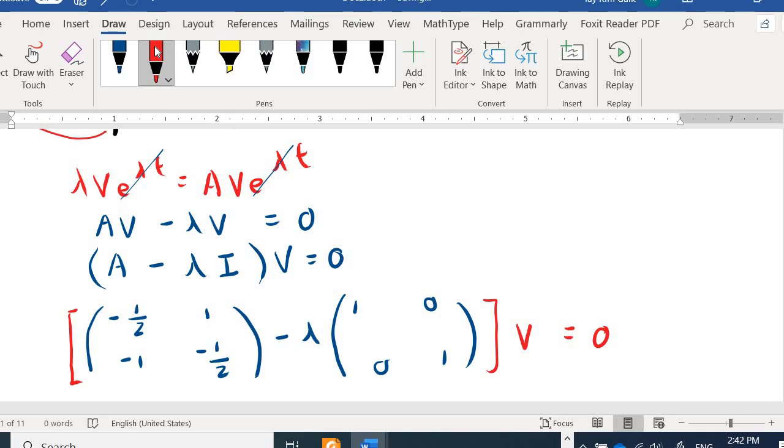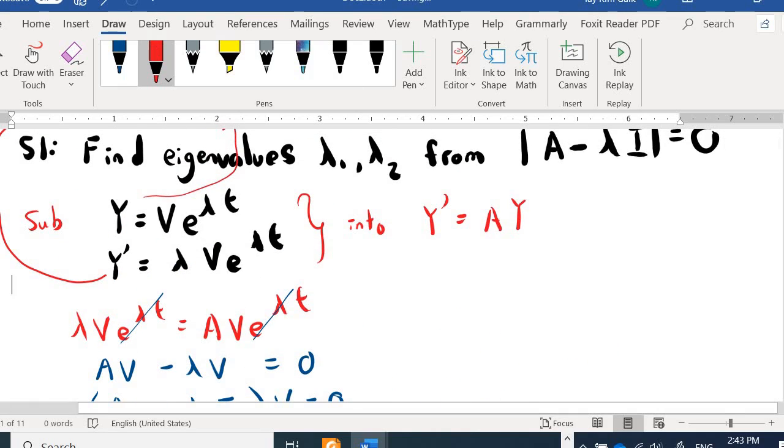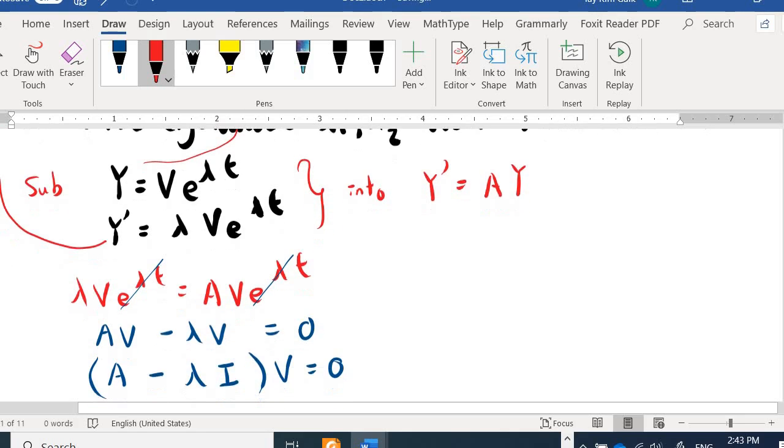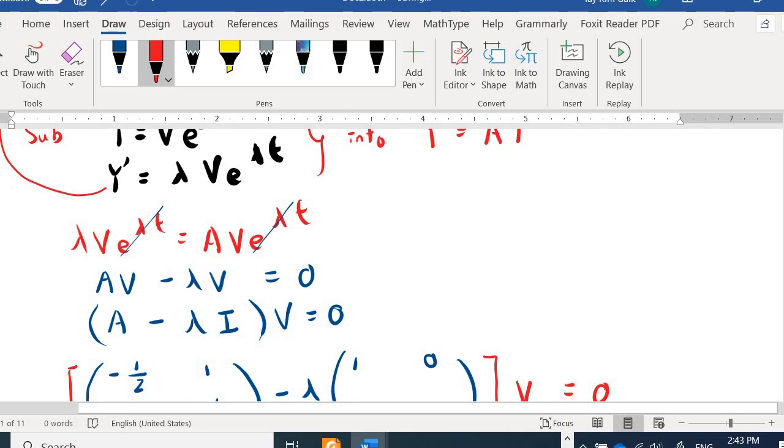So by assuming the solution y is v exponent lambda t, we arrive at the homogeneous system A minus lambda I v equal to 0.